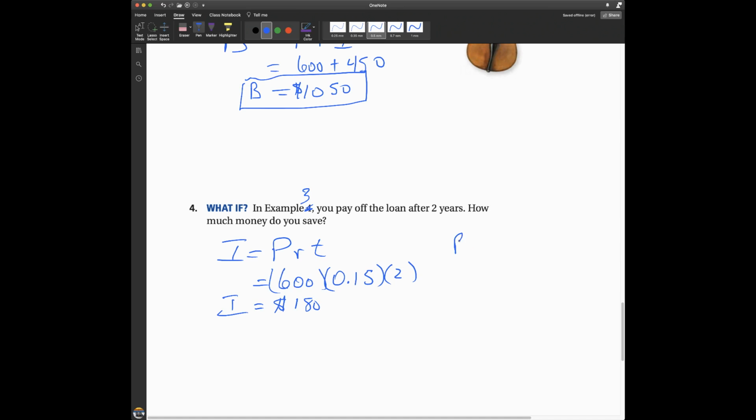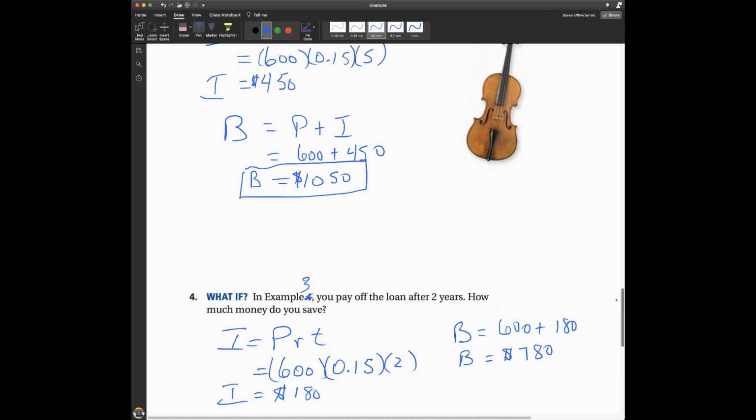So now my balance, or what I owe for the loan, is less, right? Now I'm only going to have to pay $780 for a violin that costs $600.